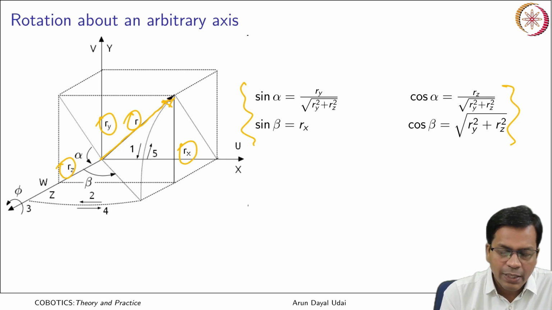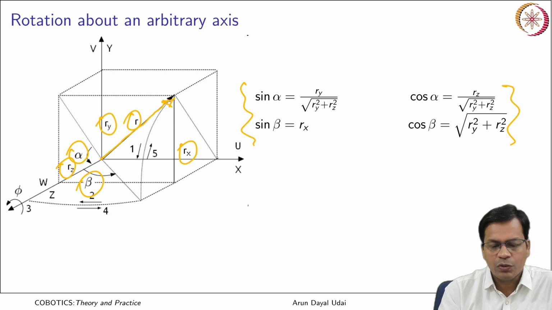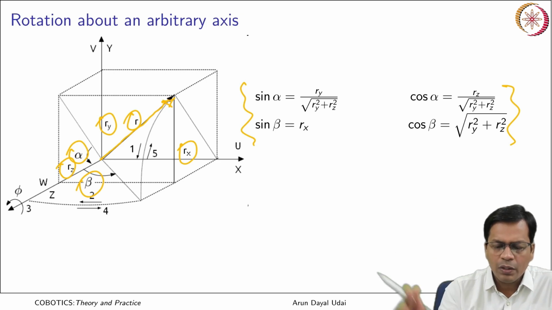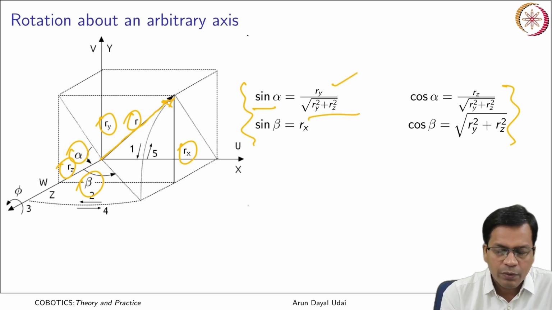I have to find out the angles alpha and beta, cosine and sine, because the rotation matrix has components of sines and cosines only, all the elements. So yes, sine alpha will be Ry by root over Ry square plus Rz square. You can find it out.